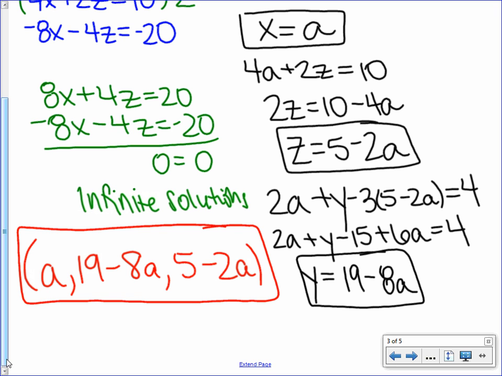Now, I will warn you, if you would have picked z to be a, would you have had this same answer? No, your answer would have looked a little bit different. So if you're checking your answers in the back of the book and you picked a different variable to be a, that is okay.